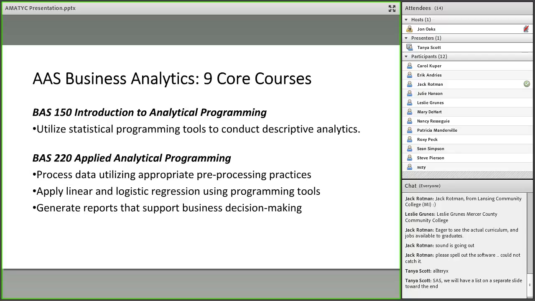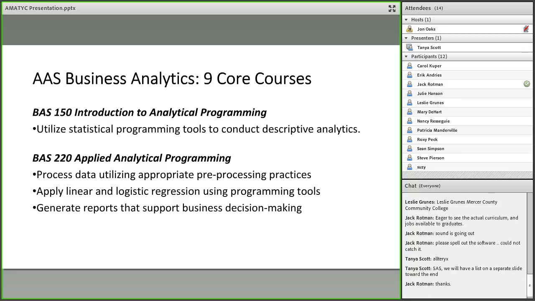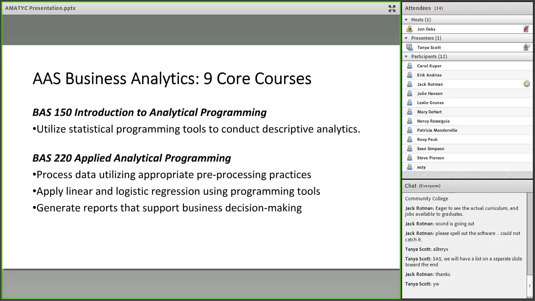So given the demand for SAS, we are using SAS. Once they learn SAS, they can easily adapt their knowledge to learning R or Python or any other software. But they start learning statistical applications of analytics using SAS. They learn that in 150, which focuses a lot on SAS coding.